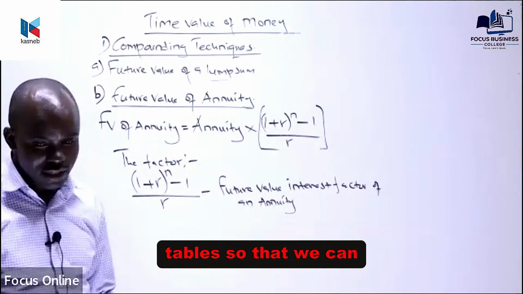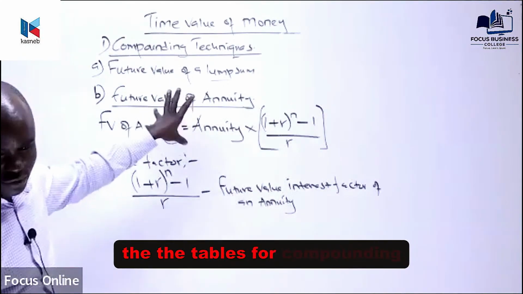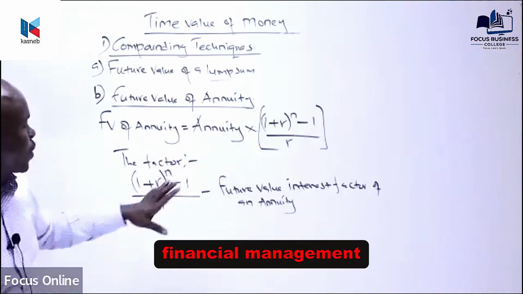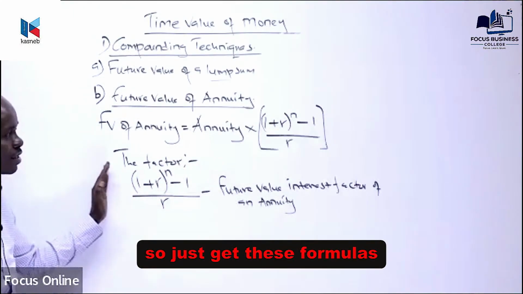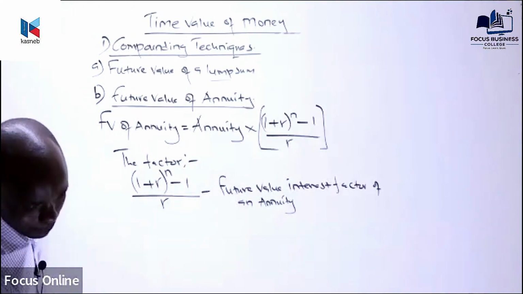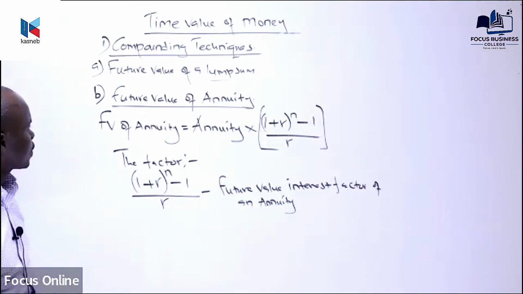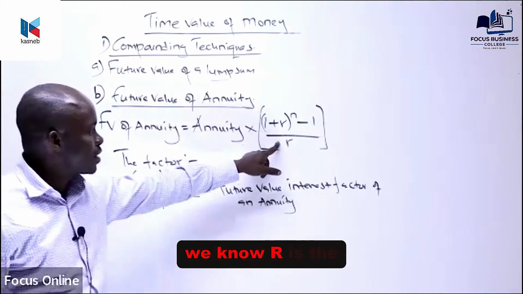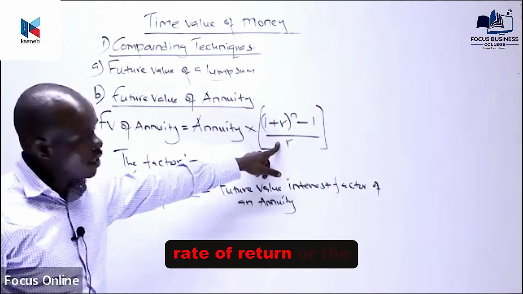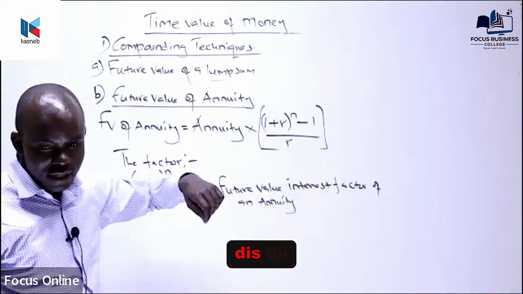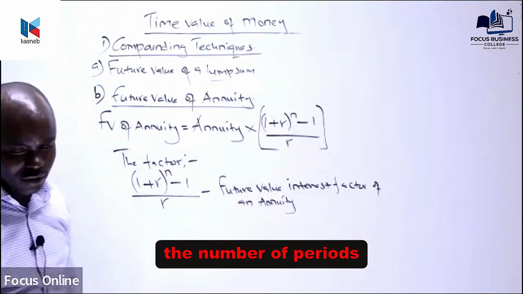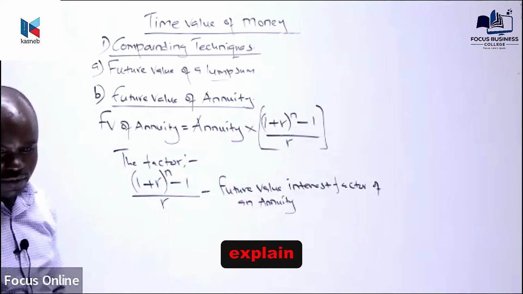But for future values, the tables for compounding are not widely used in financial management. So just get these formulas right. Any question here? There is nothing to explain. We know r is the rate of return or the interest rate. n is the number of periods.